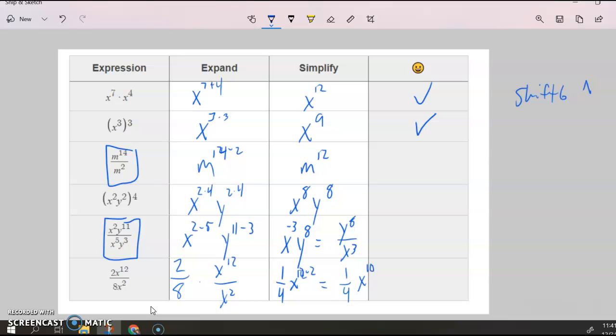If you type that in there, you're not going to get the check mark. This wants you to write it as x to the 10th over 4 if you're concerned about getting the check mark. I just want you to know it.